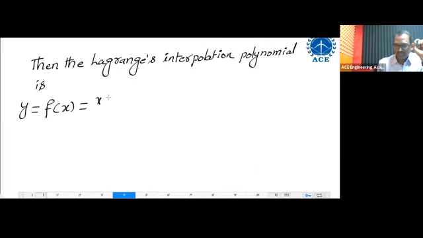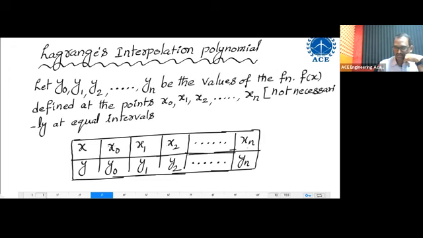Numerator should be x minus x1, x minus x2. You are writing the first term. Assume that the numerator's first term is deleted. Now x minus x1, x minus x2, x minus x3, x minus xn. Denominator. This is the way to write the denominator. We are writing the first term.